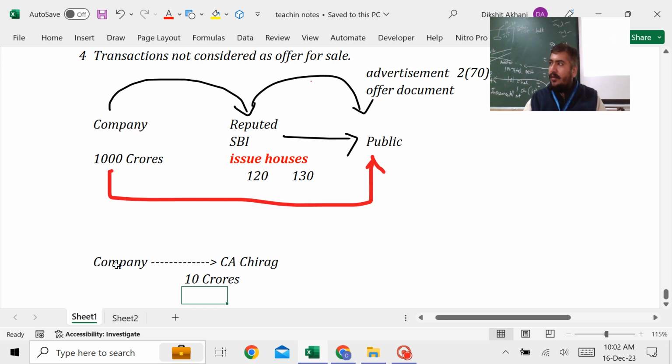So in order to get the funds, look, if it is an unlisted company, that means stock market facilities are not available. Stock market facilities are available only for the listed entities, not for the unlisted ones. So if I want to sell these shares, what I have to do is myself get the valuation of the shares by consulting some good chartered accountant who has the valuation rights.